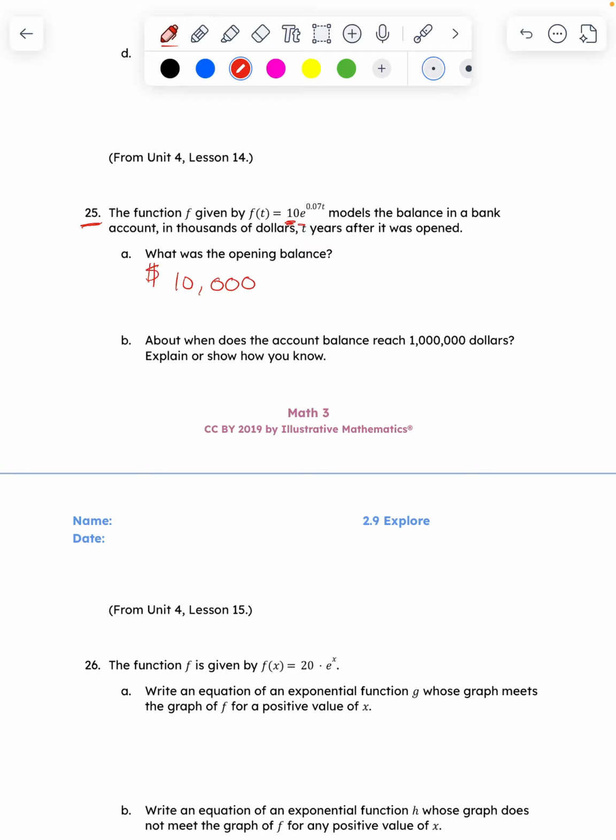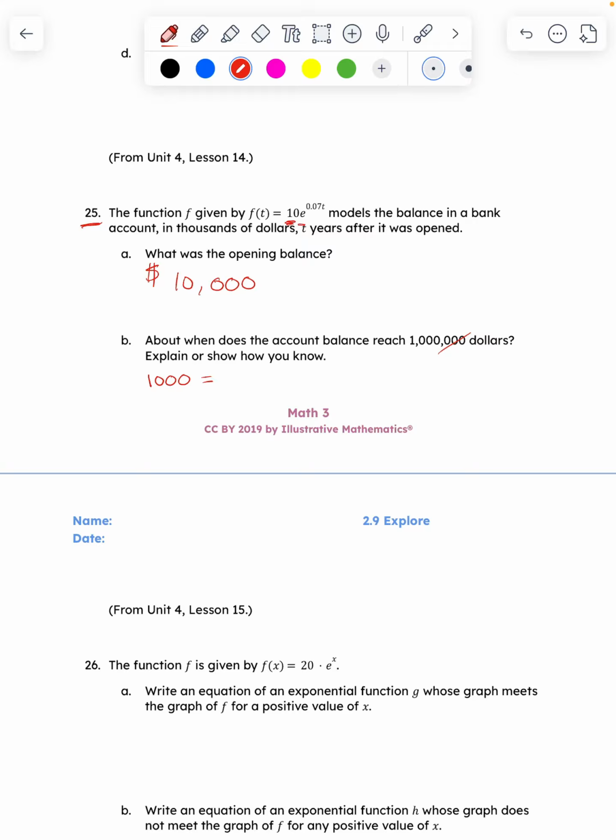Okay. And we want to know when it reaches $1 million. I just really want to know what happens at 1 million. Now my function works in thousands, so I have to write 1 million as a number of thousands. And 1 million is indeed 1,000 thousands. You can just divide by 1,000 to get there. So I'm going to say I want to know when my function is equal to 1,000.